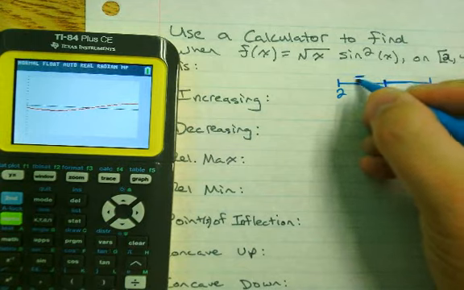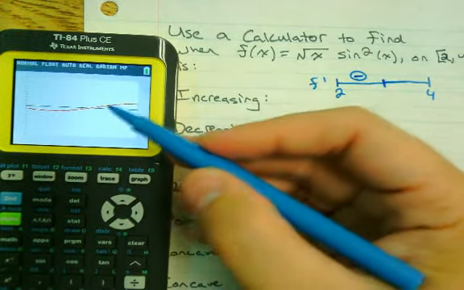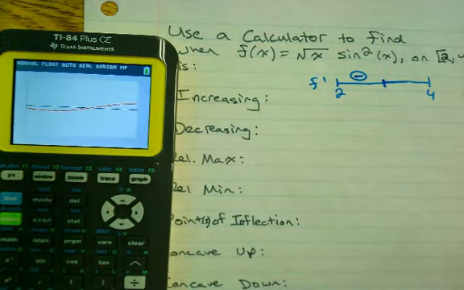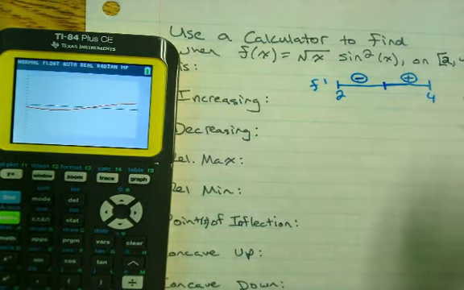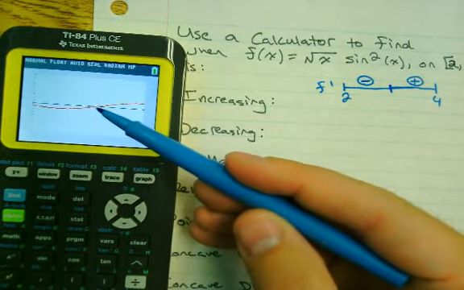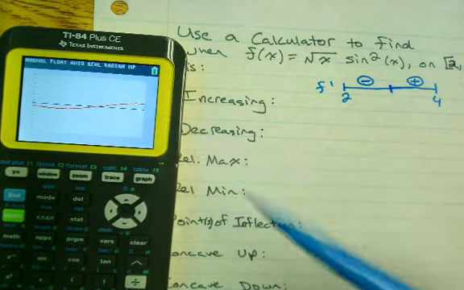It's below the x-axis, and this is the derivative, mind you. And to the right of that intersection right there, is it above or below? It's above. So it's going to be decreasing from 2 all the way to whatever this point is right here.